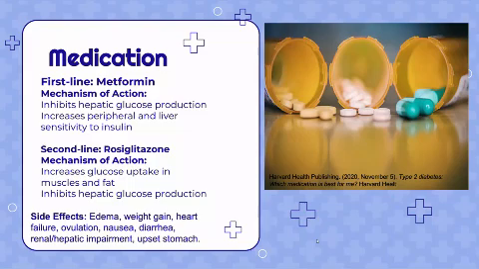Encourage regular monitoring of blood glucose level at home to keep track of her progress and adjust treatment as necessary. Suggest incorporating regular physical activity tailored to her ability, such as walking or low-impact exercises, to improve insulin sensitivity and aid in weight management.